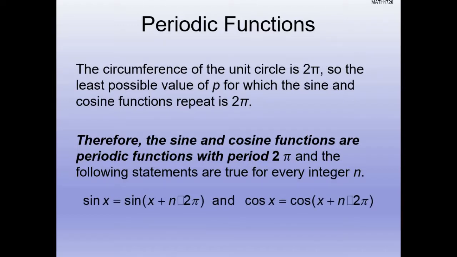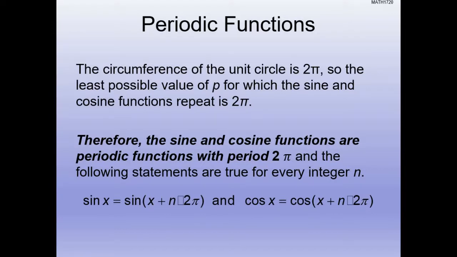So we can represent them here as sine x equals sine of x plus n. That should be times. Somehow the multiplication sign got lost in translation and became a block for this PowerPoint. So it should be sine of the quantity x plus n times 2 pi.